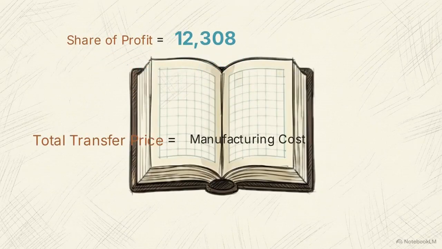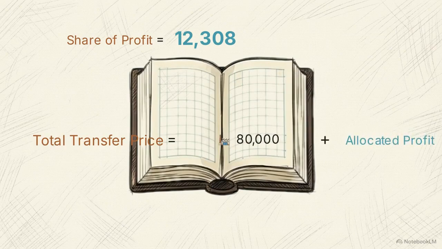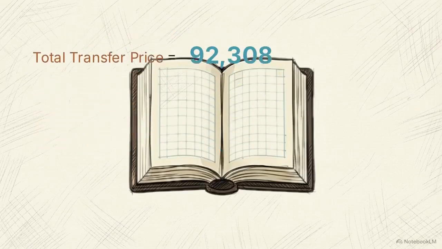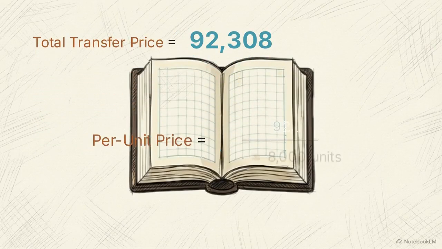To find the final transfer price, the parent company must reimburse the packaging division for its 80,000 rupees in manufacturing costs, and then add that new 12,308 rupee profit slice. This brings the total transfer price for the 8,000-unit batch to 92,308 rupees. Dividing that total by the 8,000 individual units gives us a precise transfer price of 11.54 rupees per carton.